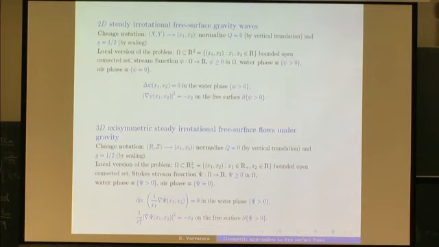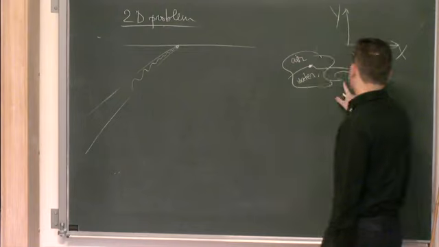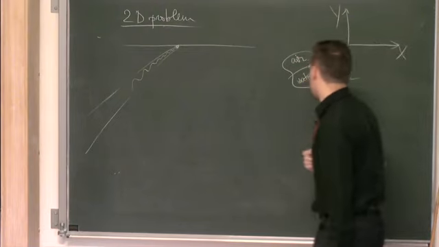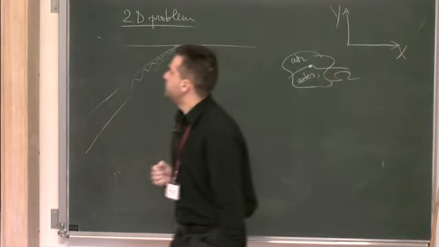So omega is no longer the fluid domain, it's just something small, could be a ball, and inside of it we have a water region and an air region.